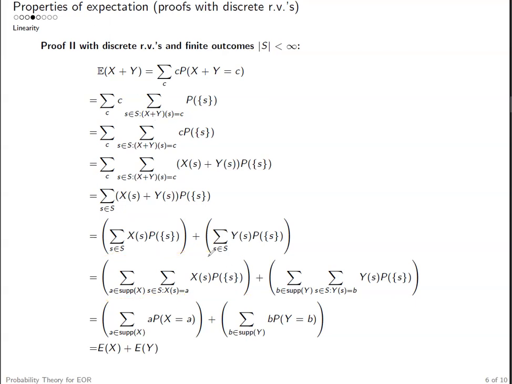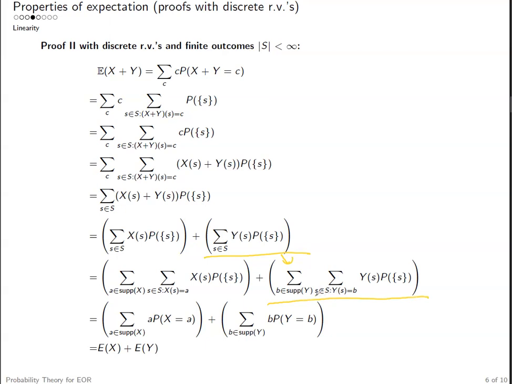Applying the same logic, we will rewrite the second term in this format. We're gonna regroup outcomes by different values the y function would map those outcomes to, right?